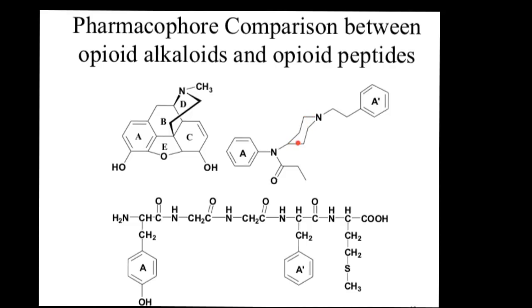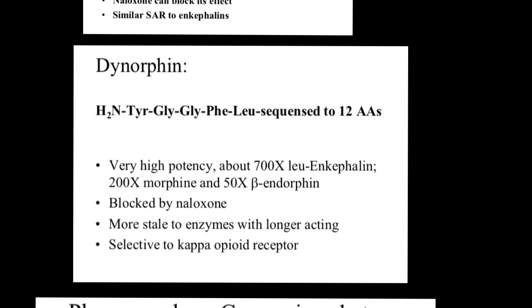So this distance between the two nitrogens is mimicked by nitrogen here and over here. So in summary, the molecules act the same way as your endogenous peptides because they fit into the mu opioid receptor, delta opioid receptor, and the kappa opioid receptor the same way that your endogenous peptides do. So let us review everything real quick.